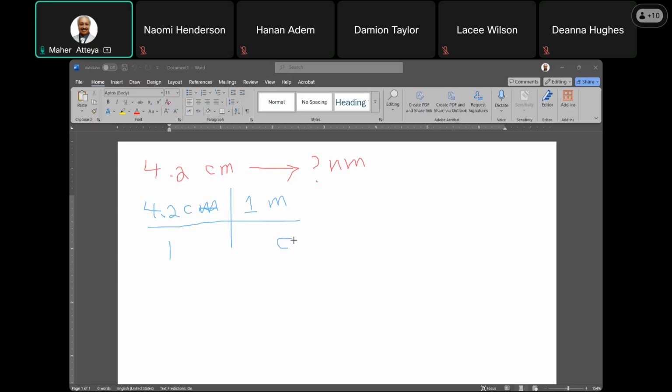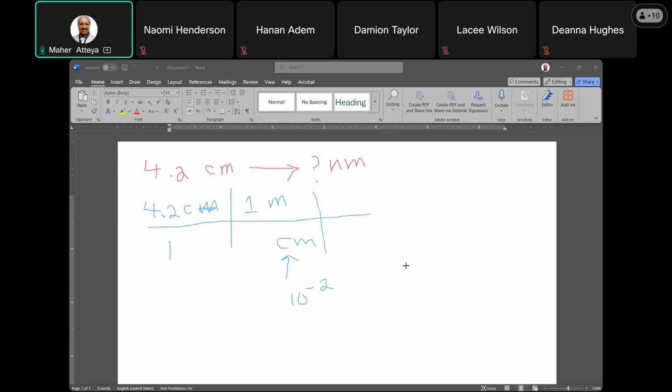I have centimeter here, so I have C. What's the code for C? The code for centi is 10 to the minus 2, correct?